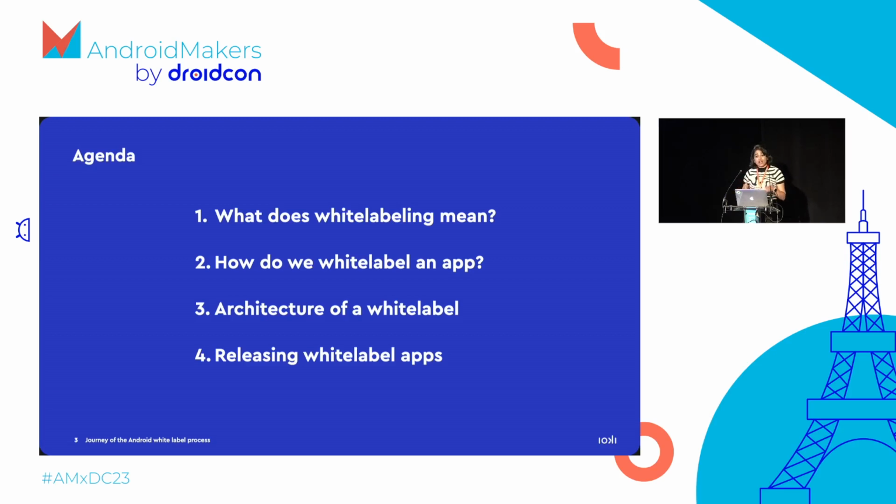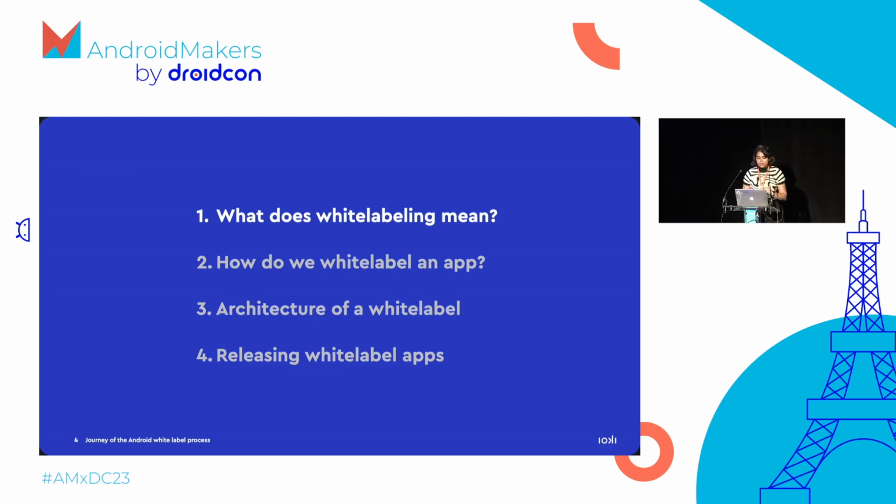And then we'll talk about how to construct it, and then where to put all of those white label files. And once we have that set, where to put that set into the greater scheme of things, the architecture of it all. And then we'll talk about how to release a single white label app, and how to refine the process when the number and complexity of every app increases.